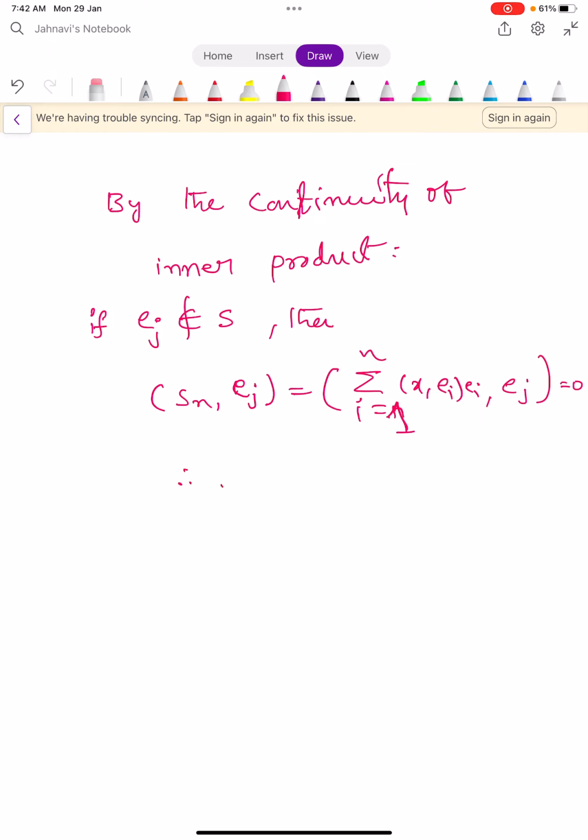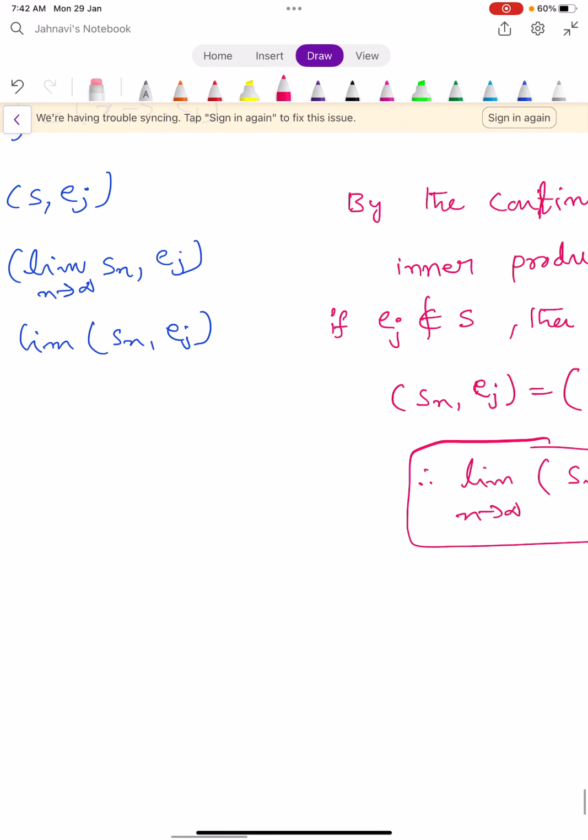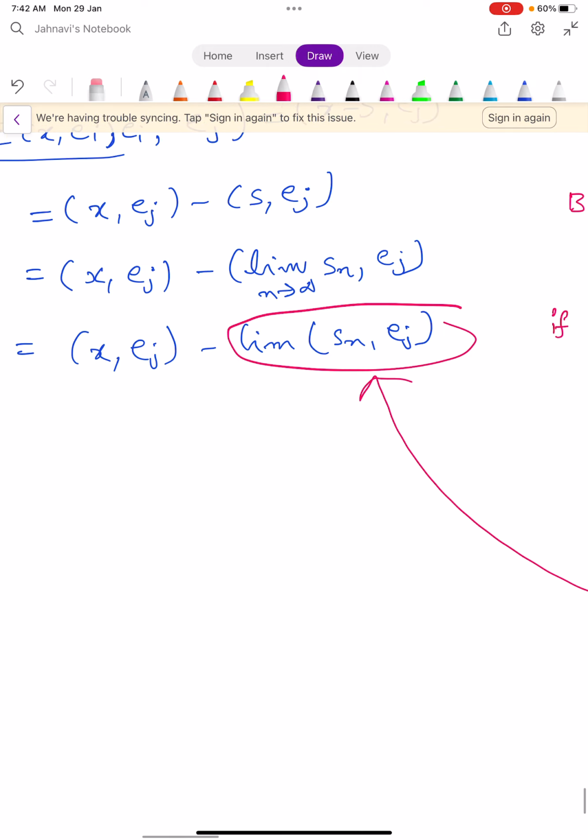What does it mean? Limit n tends to infinity of inner product of sn comma ej is equal to 0. So applying the same concept here, this term becomes completely 0, and you get only x comma ej.